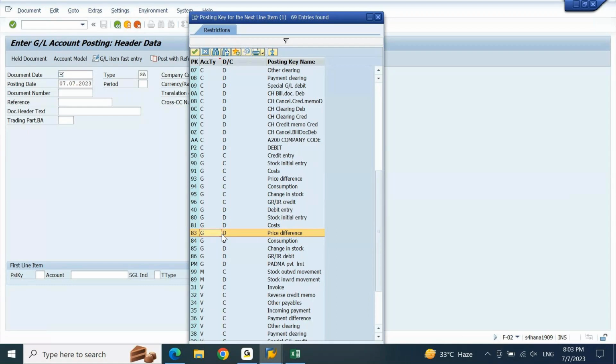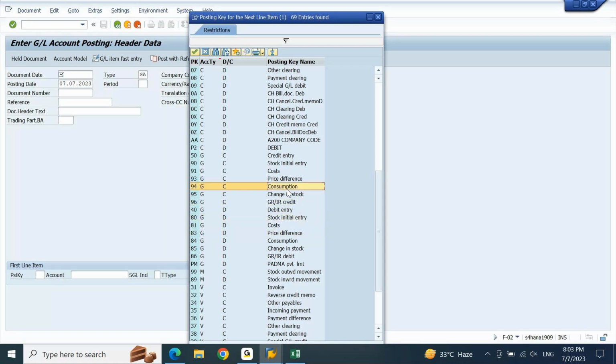The remaining ones, 81 and all, you will be using for inventory GL related postings. These things we will be understanding during the integration process. But as of now, you can still use 40 and 50 for any kind of posting. If it is a GL account, it is fine whether you use 40 or 50. But there are certain postings which come from your integration, especially GRIR related postings, stock initial entry postings, price differences, consumptions.